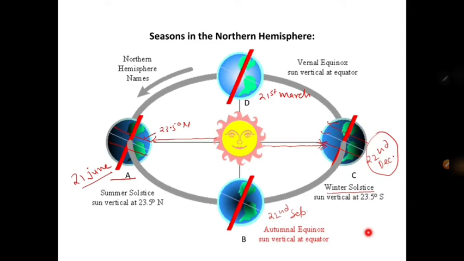So, you can see on 21st March and 22nd September, the sun's rays are falling vertically on the equator. This is the equator.